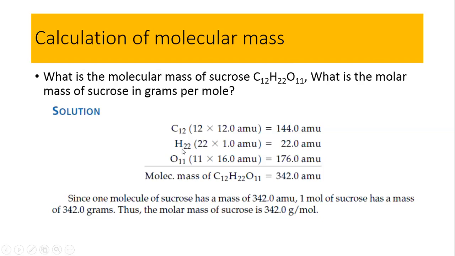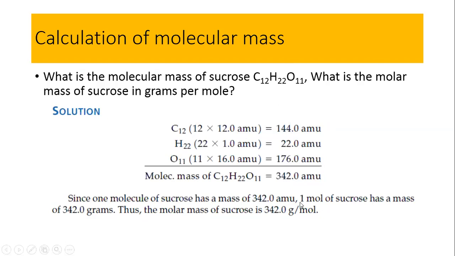There are 22 hydrogen, and each hydrogen has a mass of 1. 11 oxygen, and each oxygen has a mass of 16. You multiply, and the sum of all these atomic mass units gives you the value of 342.0 atomic mass unit. This is the molecular mass of the sucrose molecule.